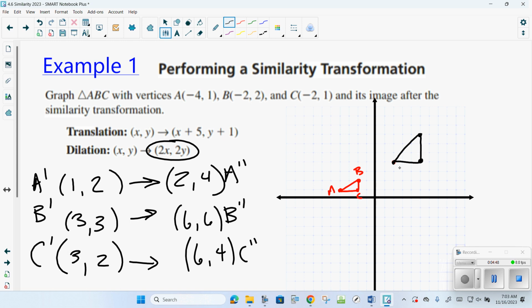Now this triangle has been shifted +5, +1, and then doubled in size. So this is A double prime, C double prime, and B double prime.